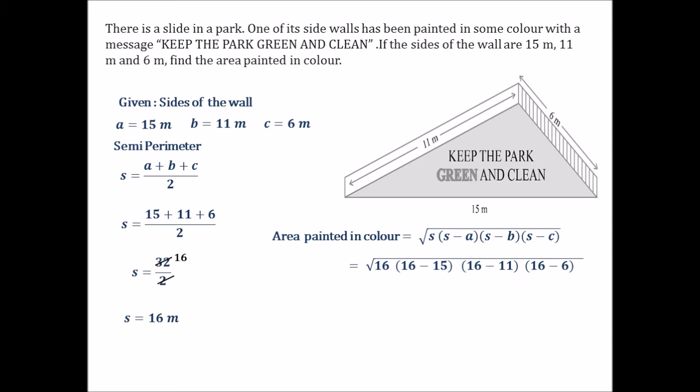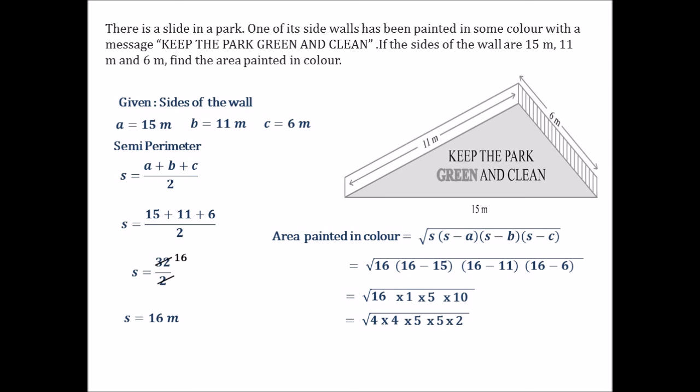Now under root 16 into 16 minus 15 will be 1, so into 1, into 16 minus 11 will be 5, so 5. And finally 16 minus 6 will be 10, so into 10. So we have got 16 into 1 into 5 into 10 inside square root. Now 16 can be factorized as 4 4s are 16. 1, 5 is 5. And 10 can be factorized as 5 into 2.